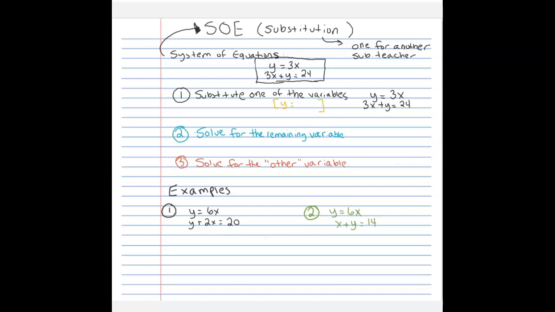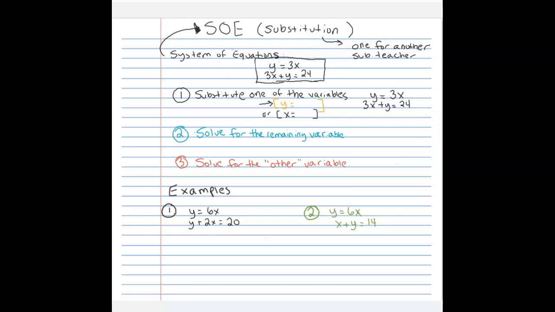I don't have any x with the y. I just have y equals. This is our tell that we should be doing substituting. Does it have to be y? No. It could be y equals or x equals or whatever variable we have, we can use for substituting.